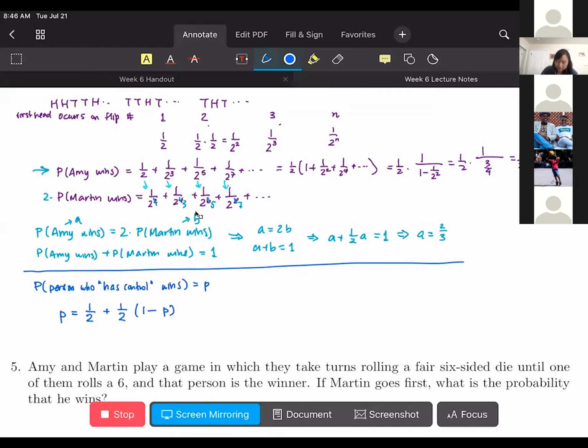All right. So then this gives us one equation where we could solve for P. So this we could solve a couple ways, but basically you can expand this out. P equals 1/2 plus 1/2 minus 1/2 P. So then this gives us 3/2 P equals 1, which gives us P equals 2/3.